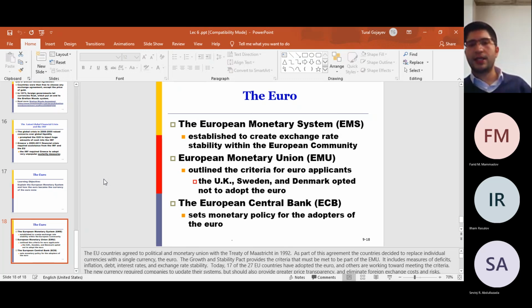It was established to create exchange rate stability within the European community. But in those years, the European Union did not exist yet. Its predecessor existed, but its name was different.